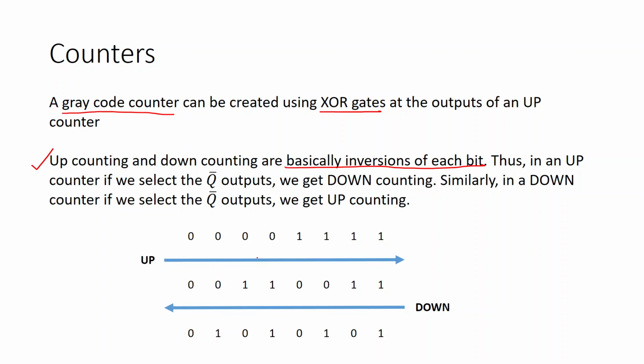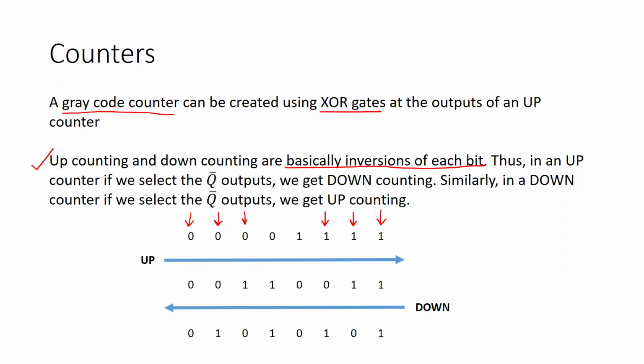Also you can see that this particular word and this particular word are inversions of each other, and this word and this word are also inversions, every bit inverted. If you start counting from this side and from that side, what you see are all inversions of each other.